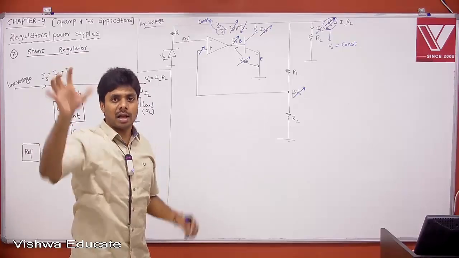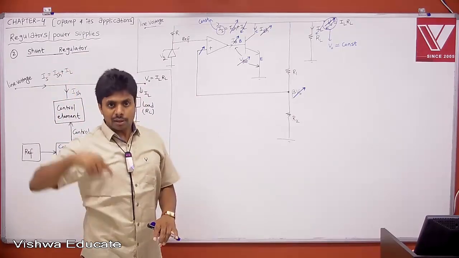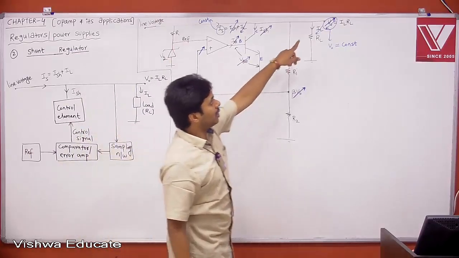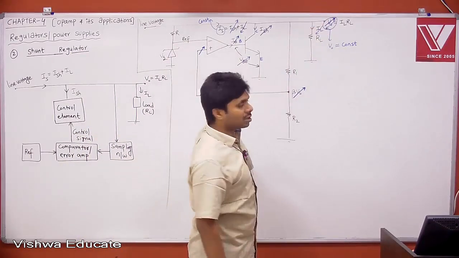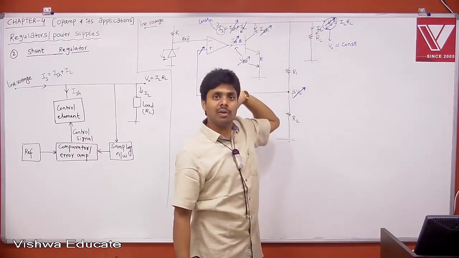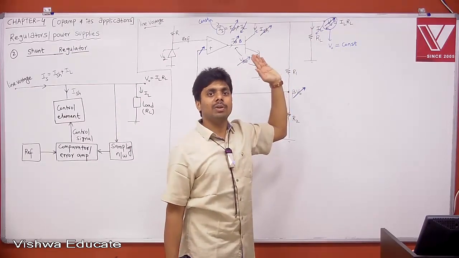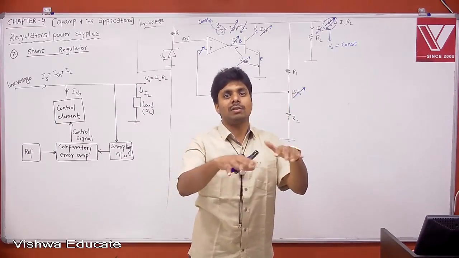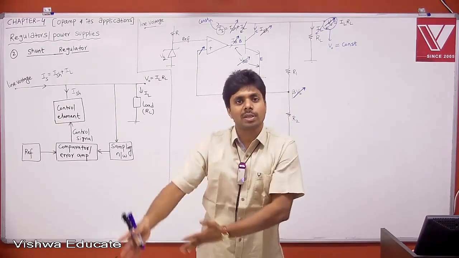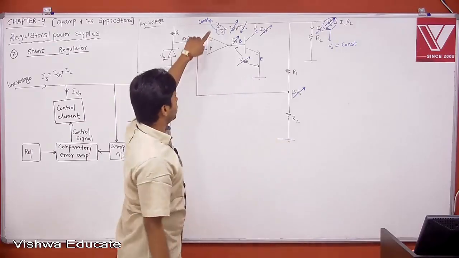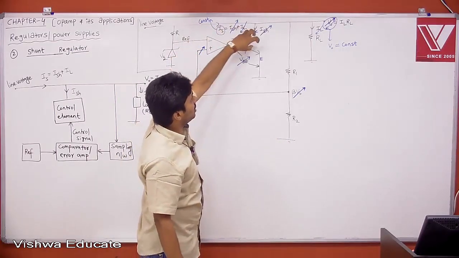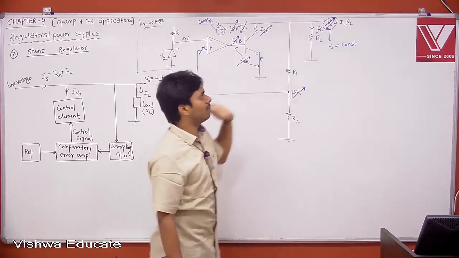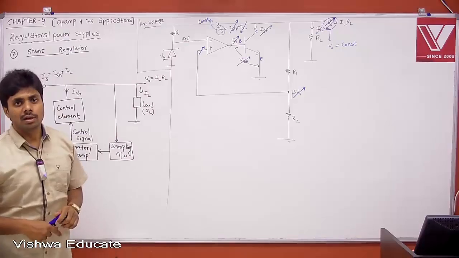Let us say V0 is affected, and now everything else is kept constant. Then the loop will come into the picture and correct your V0. When V0 is increasing, we have to keep everything else constant, because V0 has already changed due to the input, the load, or internal disturbance. Then we need to see how the loop comes in and controls it. That's why your IS is constant. When IS is constant, if ISH is increasing, then your IL will decrease. Therefore V0 decreases, and V0 will be constant. That is the important point, that is the keynote.